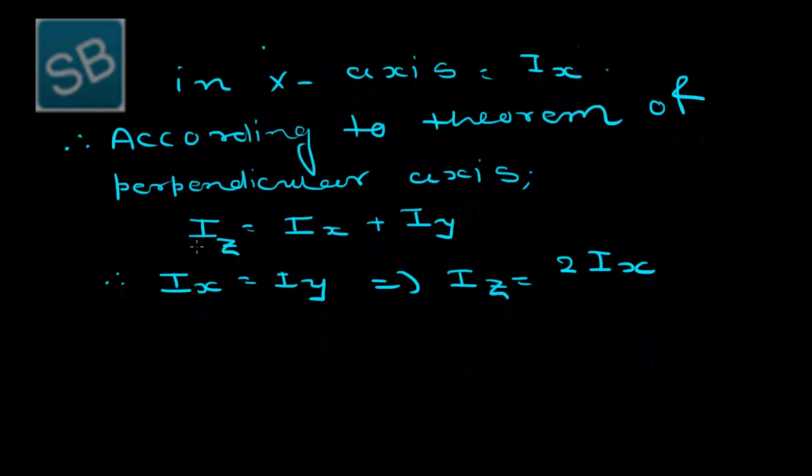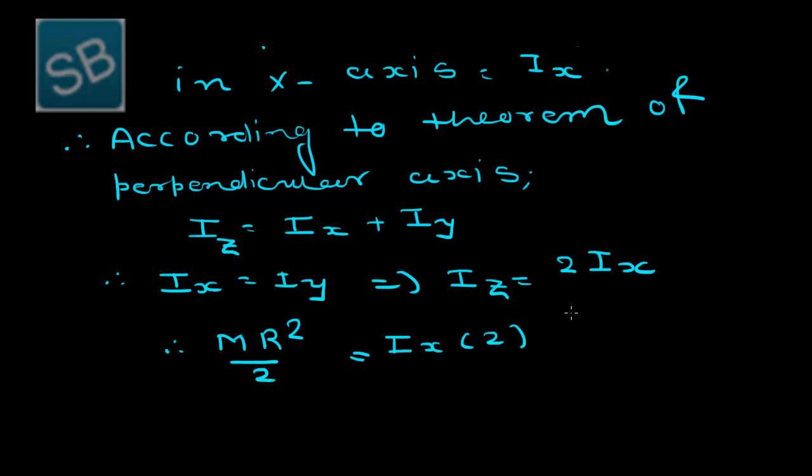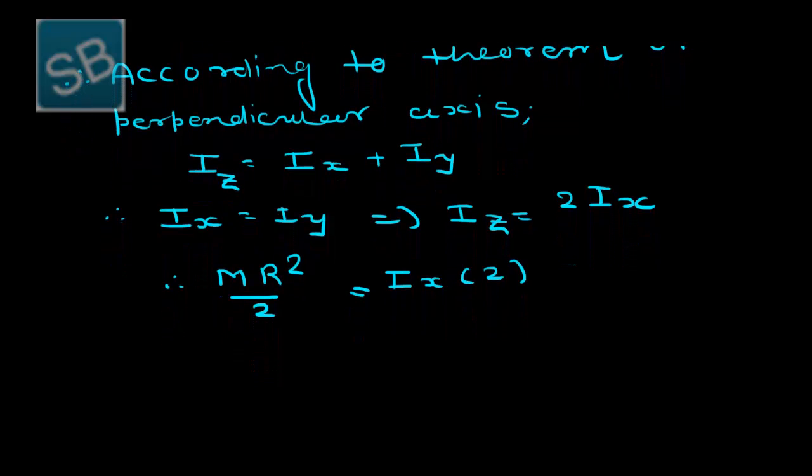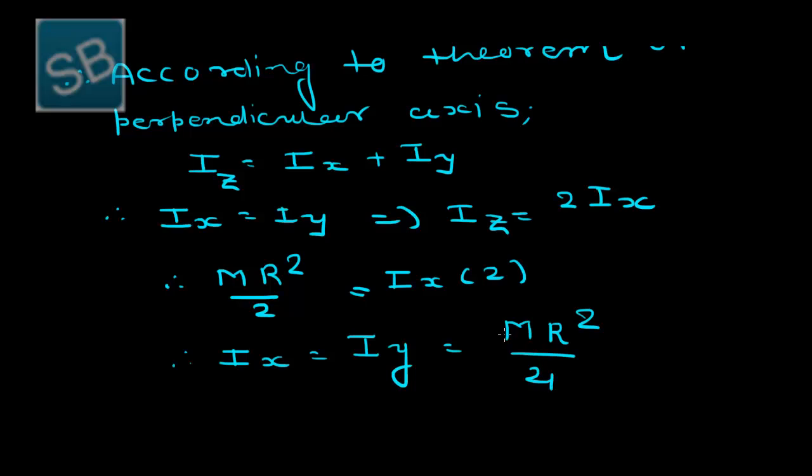So substituting this value, mr square by 2 is equal to Ix into 2. In order to find the value of Ix, we take this 2 into the denominator on the other side, and hence Ix, which is equal to Iy, is mr square by 4. So this is the end of illustration number 9.